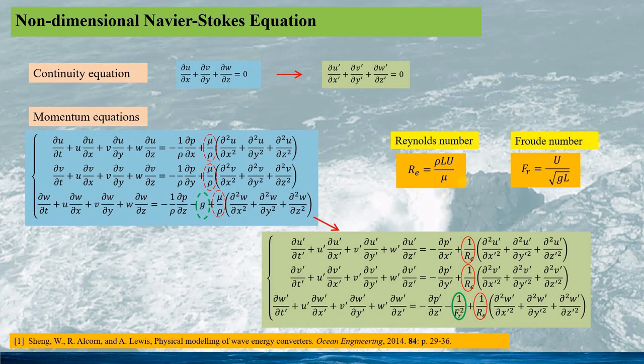As such, we transform the dynamic system S to the normalized standard system S prime, and their governing equations are the normal Navier-Stokes equation and the transformed Navier-Stokes equation, respectively.